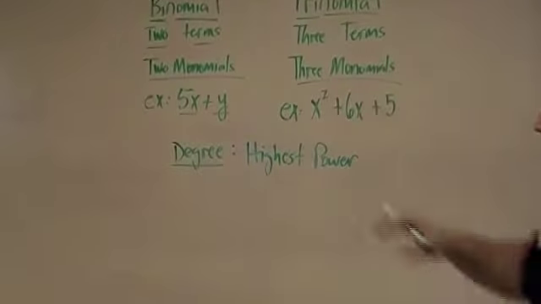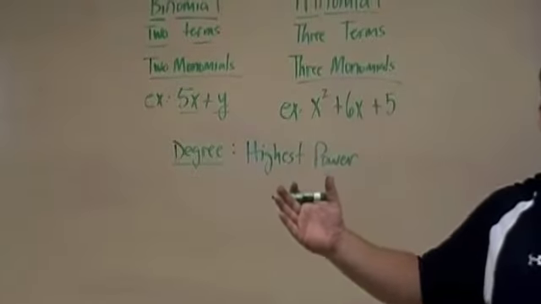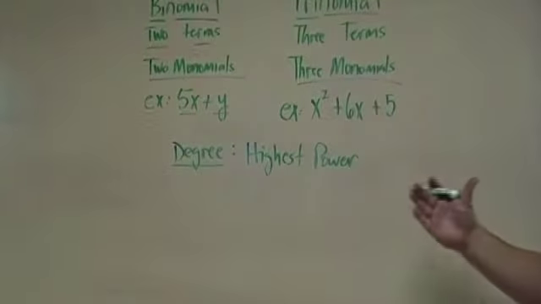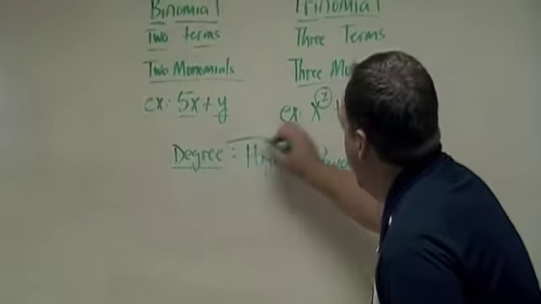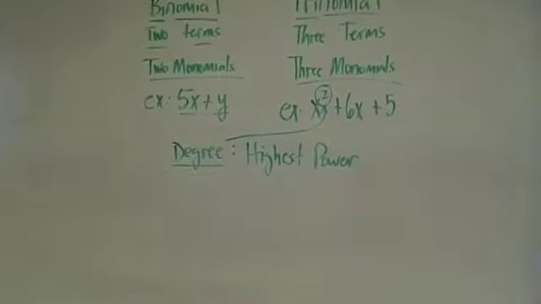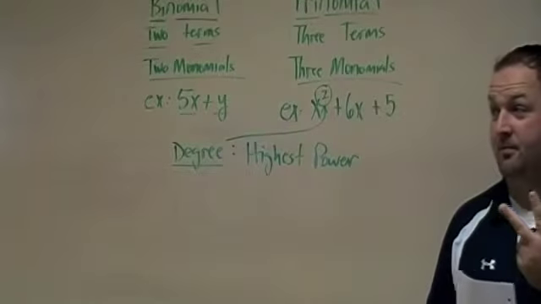In the example here, x squared plus 6x plus 5, the highest power is 2. So we say that this has a degree of 2. This is the highest power, that's my degree. So, what is the degree for all quadratics? The answer is 2.